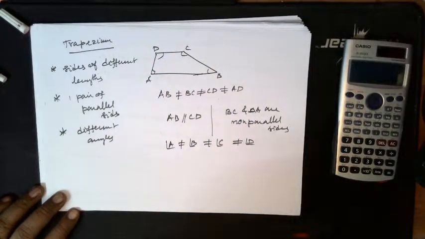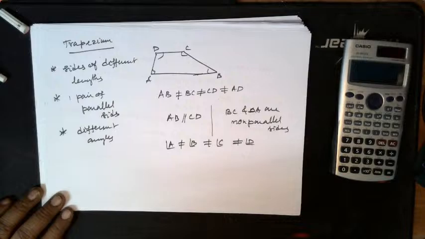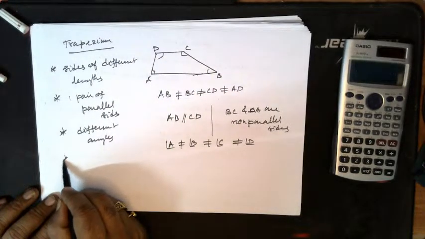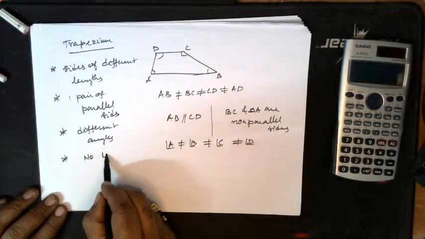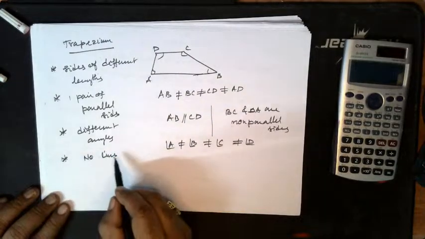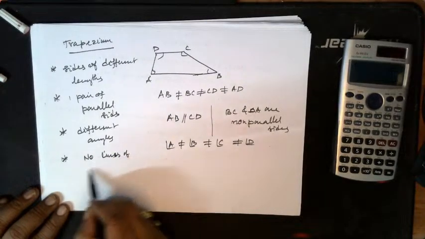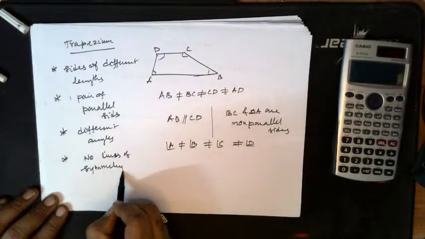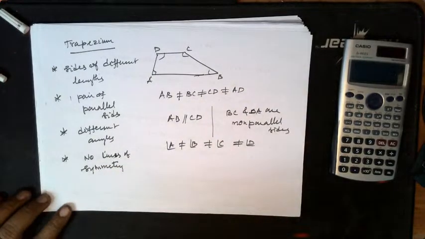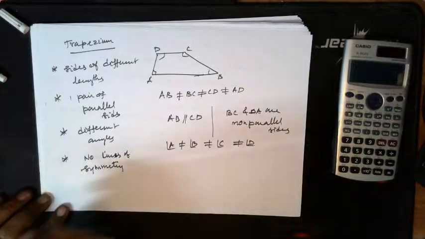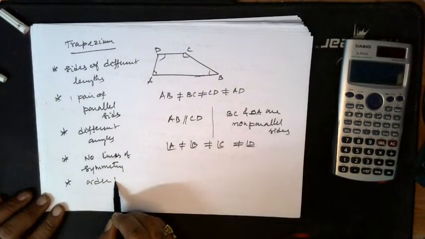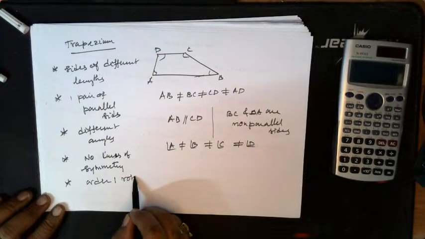And you cannot have any line of symmetry. So no lines of symmetry, but it has rotational symmetry of order 1.